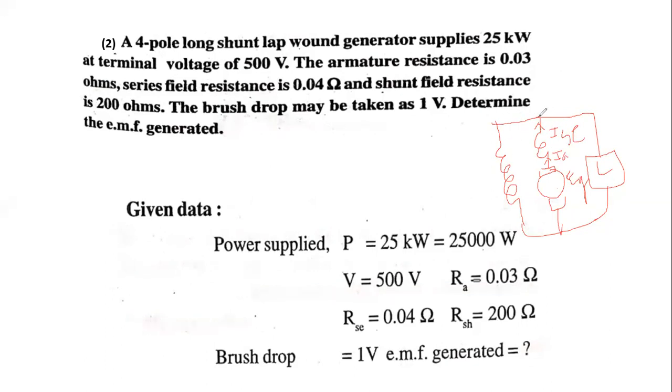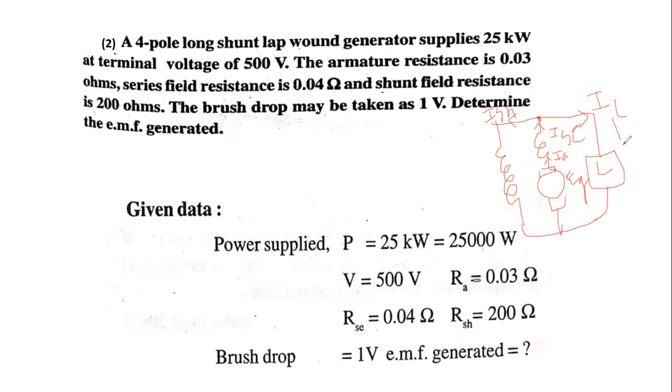At this point, this series current is divided into two directions, that is ISH and IL.